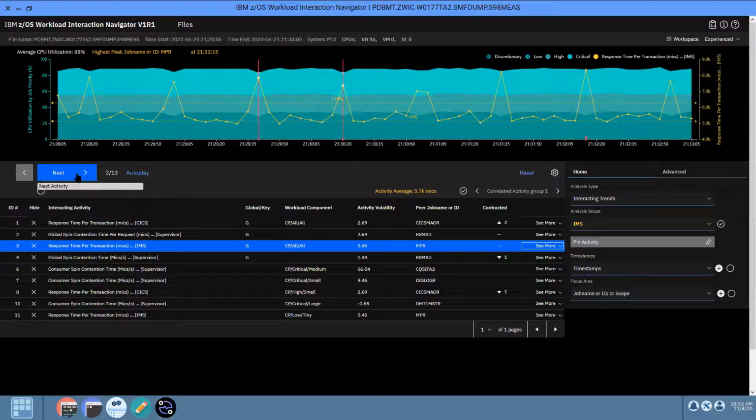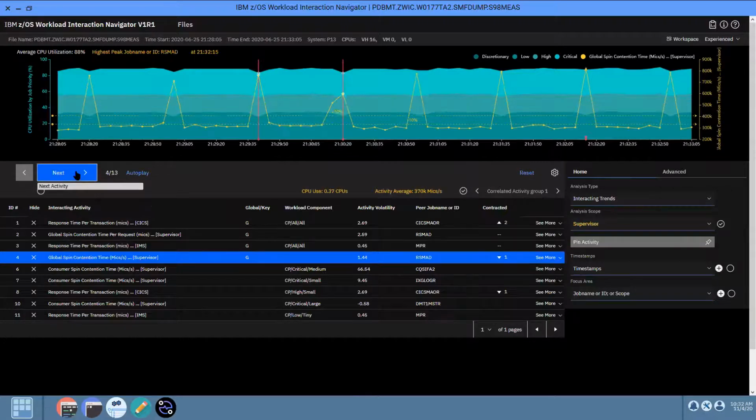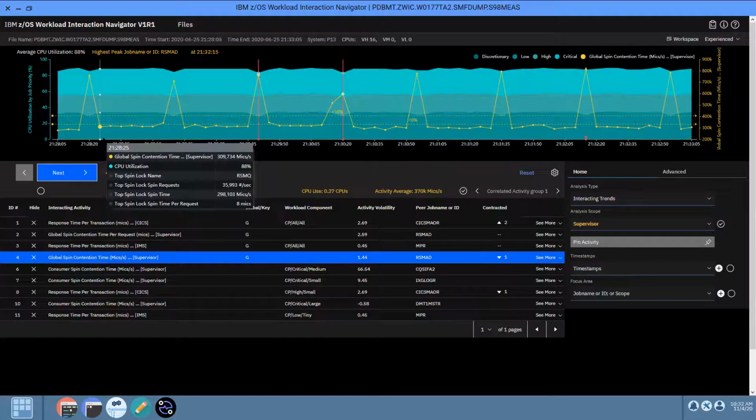So I'm going to click the next button to go to the next activity, which is global spin contention time. That's from z/OS supervisor. Global spin contention time is one of those z/OS internals, well, it's not internal, but it basically is talking about contention on system resources that is occurring.